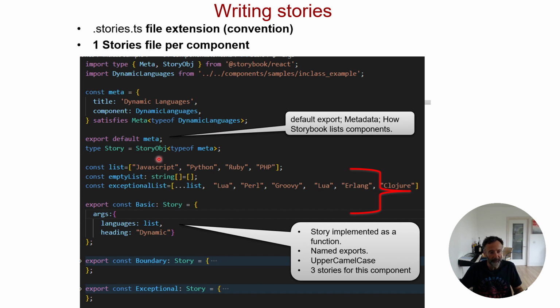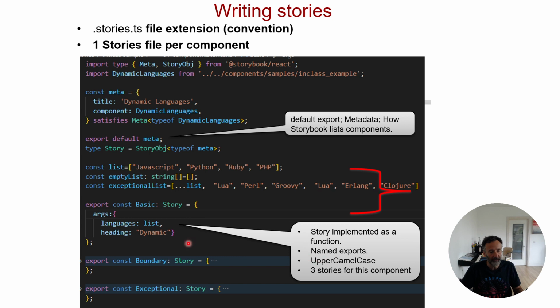But the main thing I'm supposed to describe here, the format of stories, is the two things that each story file needs to have. It needs to export, the default export must be metadata about how the storybook lists the component, right? So it'll have a title, a component it's associated with, and that will always be the meta itself. This will be a type of dynamic languages. Then also it has its stories, right?